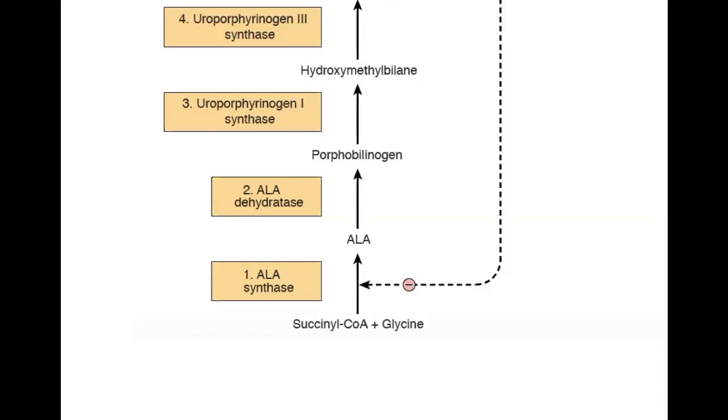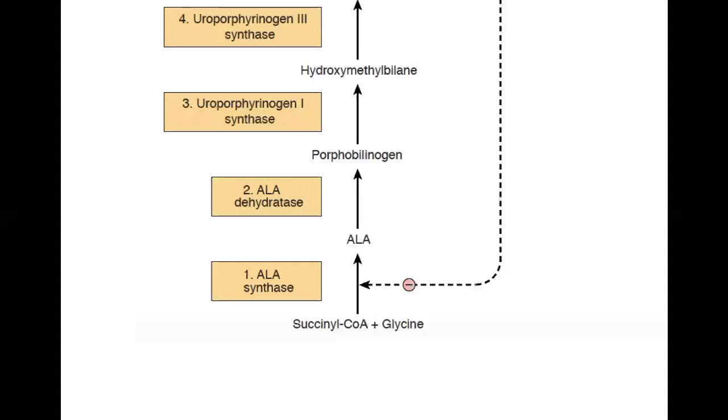We have ALA, then PBG, or porphobilinogen. Porphobilinogen will further be converted to hydroxymethylbilane. The enzyme here is uroporphyrinogen synthase 1. Hydroxymethylbilane will now be converted to UPG, or uroporphyrinogen 3.